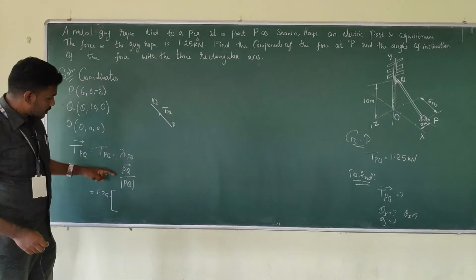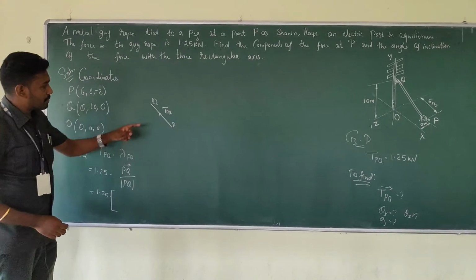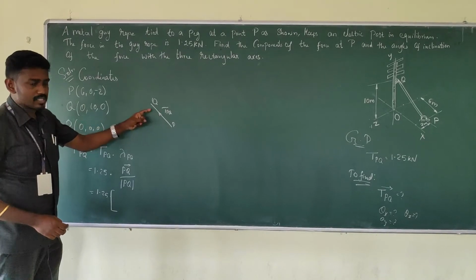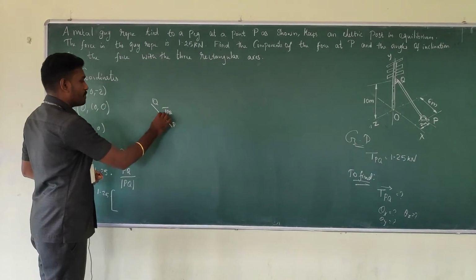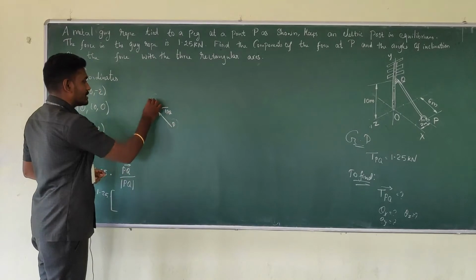So here comes this position vector says we need to subtract from the final value to the initial one. Okay, we have to subtract the final value to the initial one. So since it is moving from this P to Q, this is the initial one and this is the final one.